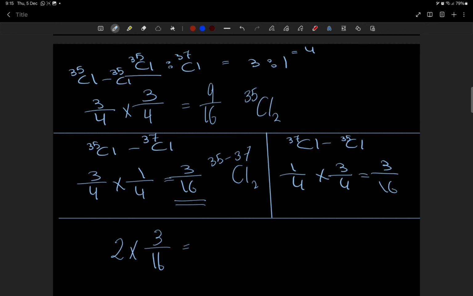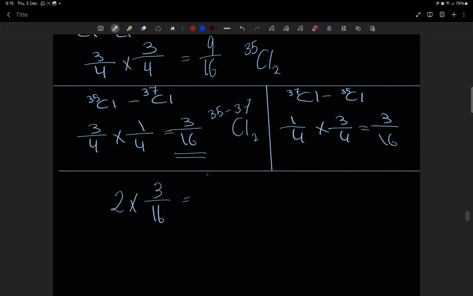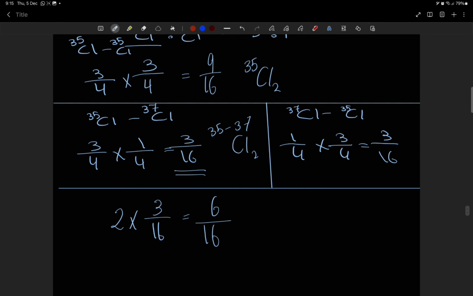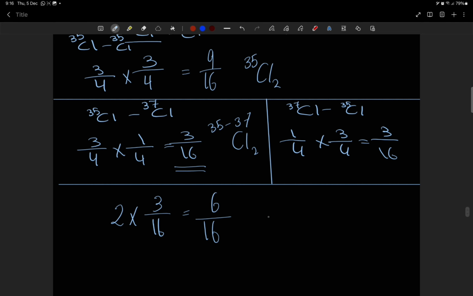2 multiplied by 3 over 16, because both combinations give me the same ratio, but since I can get it from two combinations, I say 2 times. So you'll get that 6 out of 16 times you can get a chlorine molecule formed of a 35 atom bonded to a 37 atom, or 37 bonded to 35.